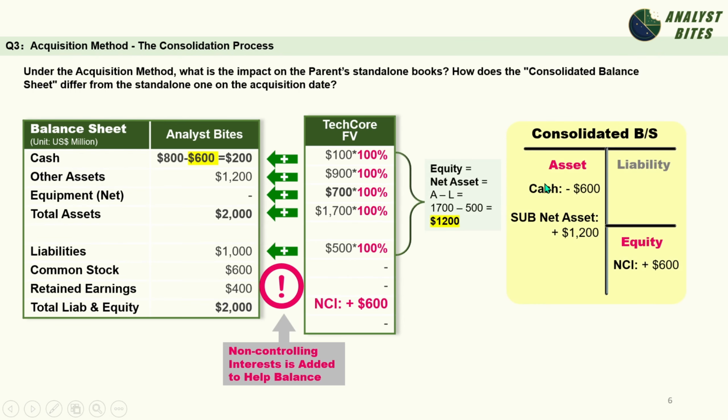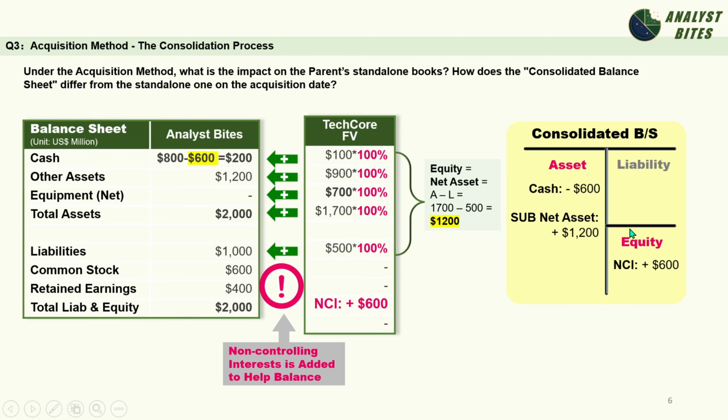Look at the T account on the screen. Check cost. Total net assets at fair value are 1,200 million. Think of this as a package. On the asset side, we removed 600 million in cash but brought in a 1,200 million package. Suddenly, the left side is up by 600 million.